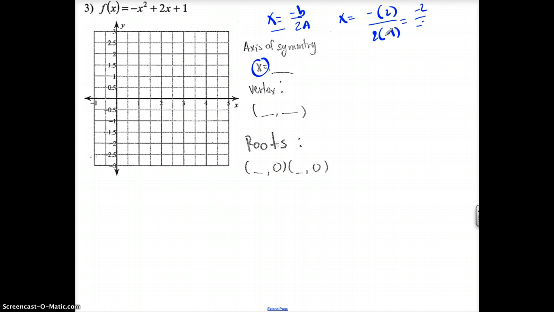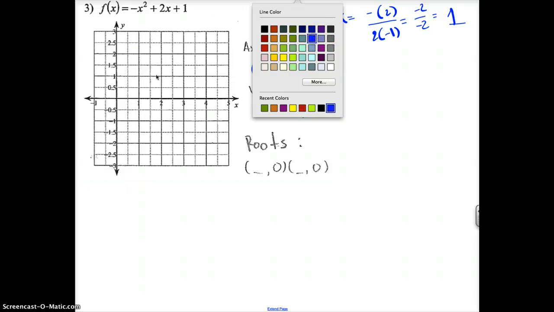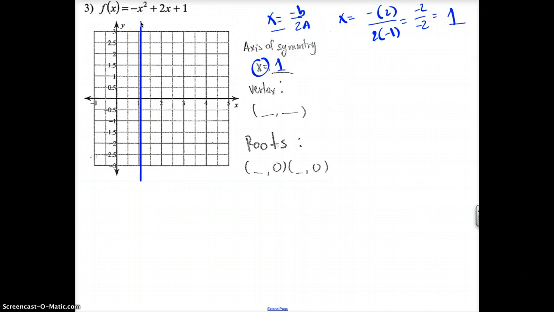Negative 2 over negative 2, we should have a center of positive 1. Our axis of symmetry is x equals 1, which is right here. Scoot that over. x equals 1, axis of symmetry. That's always where you start.